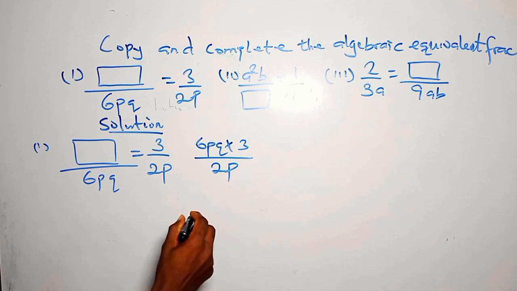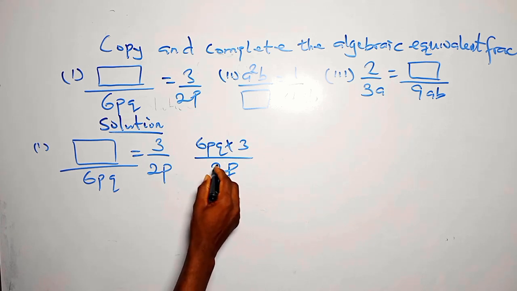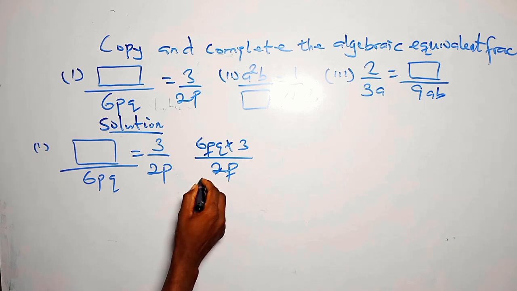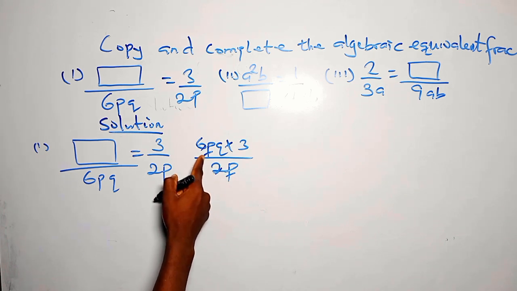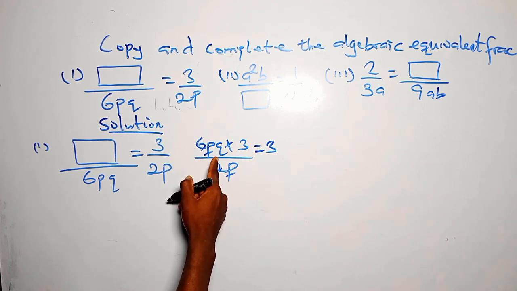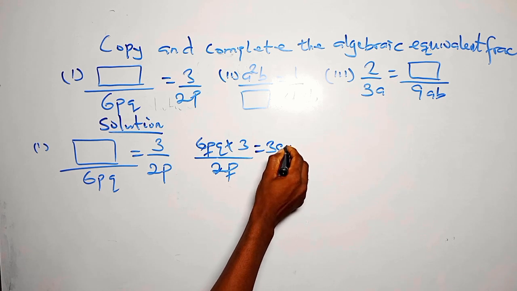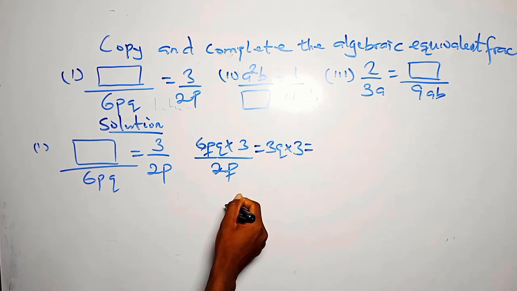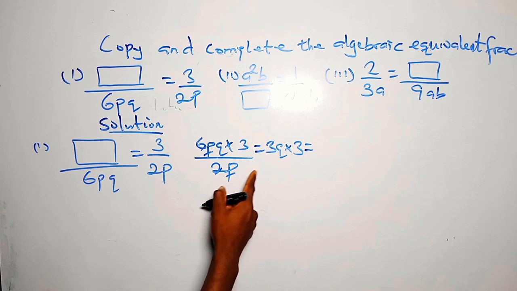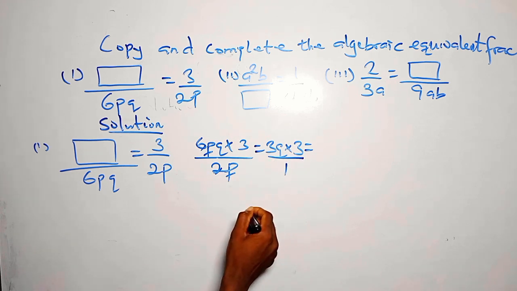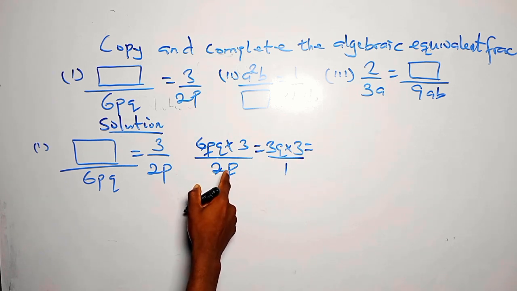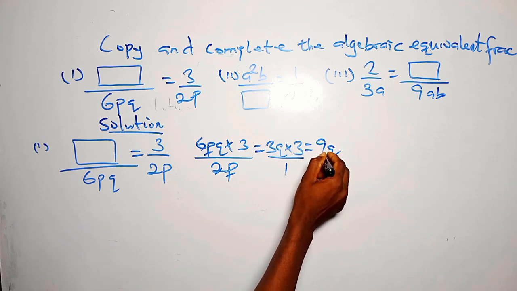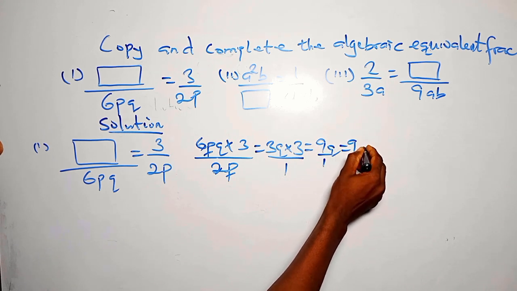When we look at this, p and p can go away. 2 and 6 give us 3. So here we have just q times 3, and at the denominator we have just 1. When we multiply this, we have 9q over 1, which is the same thing as 9q.